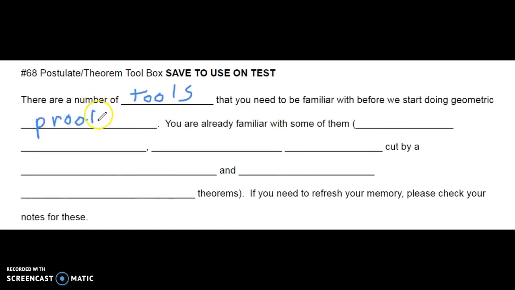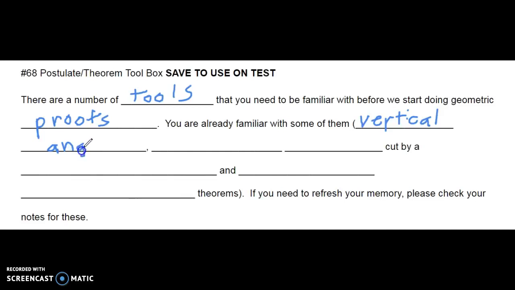Very familiar with some of them, like vertical angles. Vertical angles. Remember those guys? Remember vertical angles are congruent.